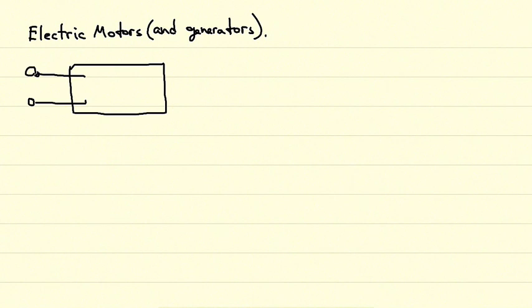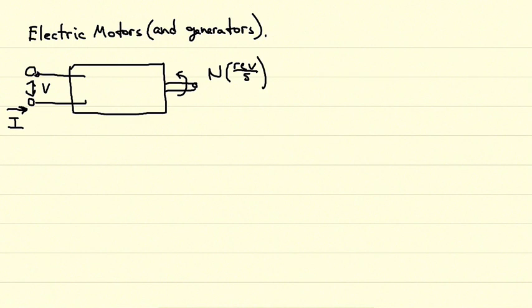And we have a current that flows through this terminal, and then of course between the two terminals there's some voltage difference. So there's a voltage difference V between these two terminals. And then we also have a spinning shaft. And so this spinning shaft has some rotational speed N, which is in units of revolutions per second.